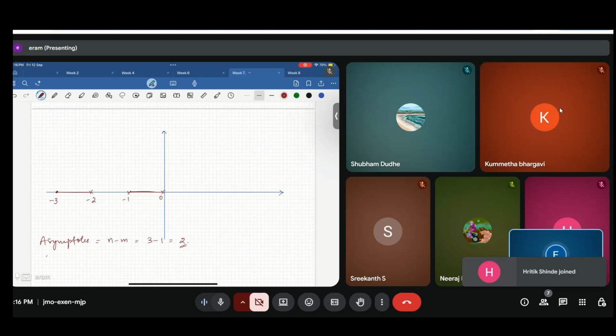And what will be the angle of asymptotes? In this case we have n minus m equal to 2, so we will have odd multiples of 90 degrees, so it will be 90 degrees and another will be 270 degrees.